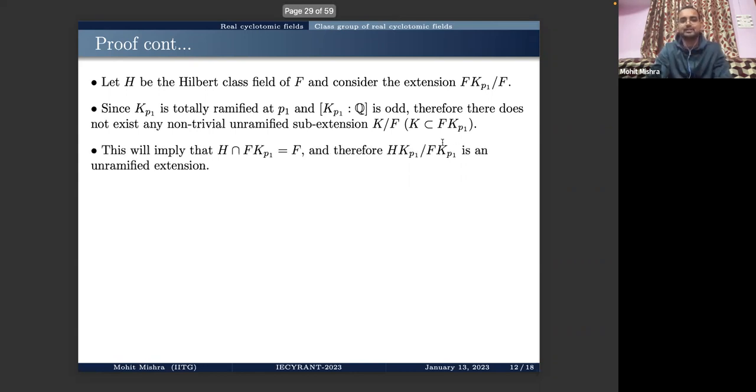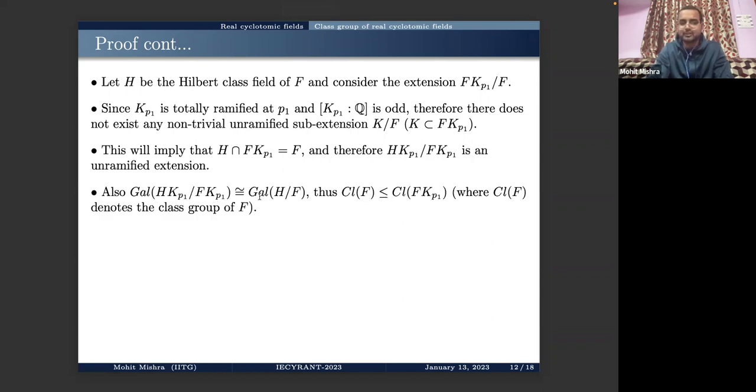This immediately implies that the intersection of the Hilbert class field of F with the compositum of F and K_P1 is F, which means the compositum of H and K_P1 is an unramified extension over the compositum of F and K_P1. Also, its Galois group is isomorphic to the Galois group of H over F, and we know that this Galois group is nothing but the class group of F. And this is an unramified extension.